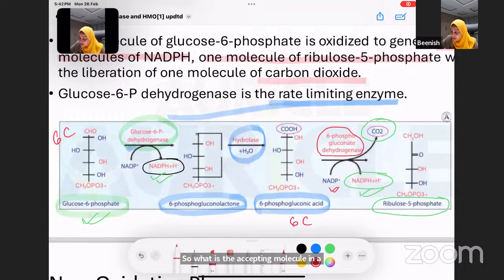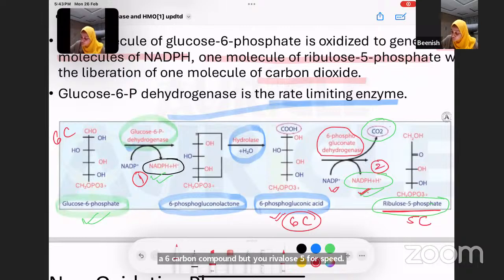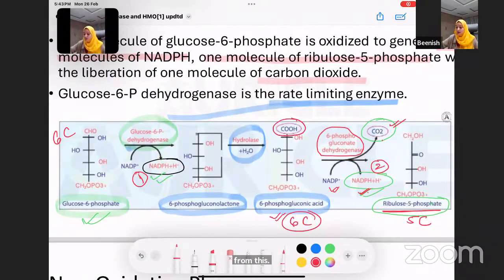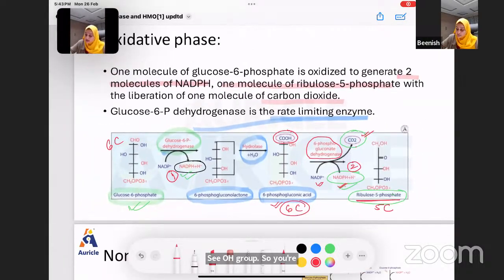So NADP plus accepts that hydrogen which is removed from 6-phosphogluconic acid, and it forms NADPH, the second molecule of NADPH. The first molecule was formed in the earlier reaction. You see this is a 6-carbon compound, but your ribulose 5-phosphate is a 5-carbon compound. So one carbon dioxide was released during this, and this carbon dioxide is coming from this COOH group. So your ribulose 5-phosphate is formed, and this is irreversible.